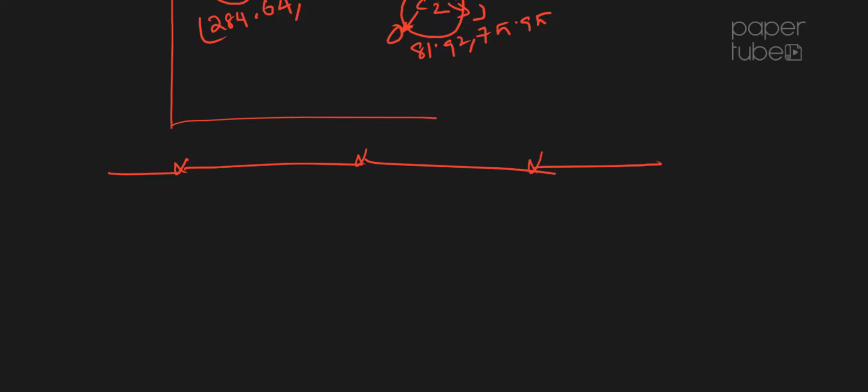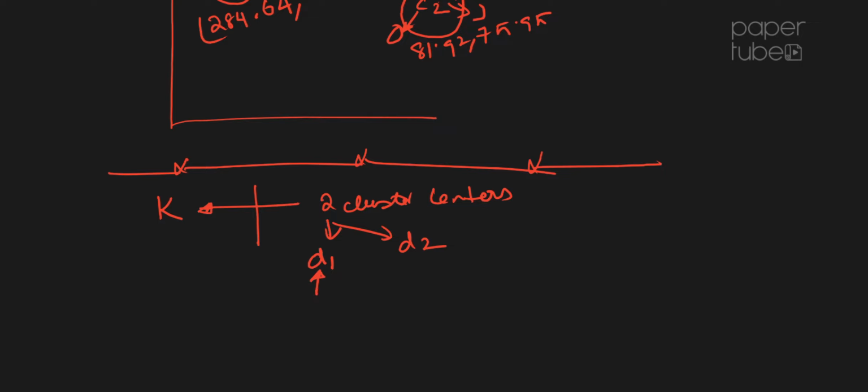So just to revise, all you need is to pick k random points. In this case, we randomly selected 2 cluster centers. And then we calculated the Euclidean distances d1 and d2. d1 is the distance between cluster center 1 and all the data points in the given data set. d2 is the distance between cluster center 2 and all the data points.